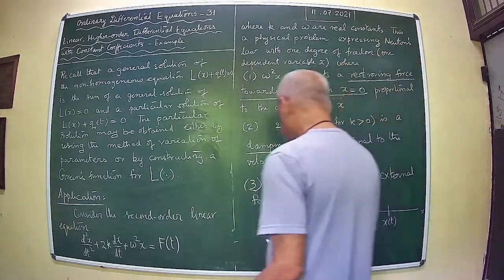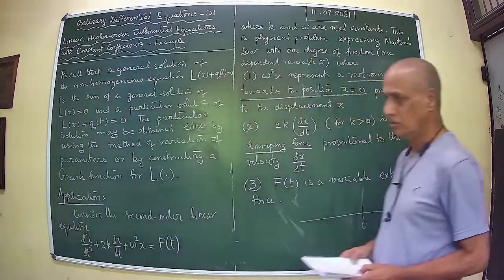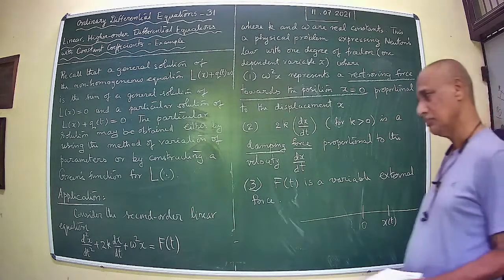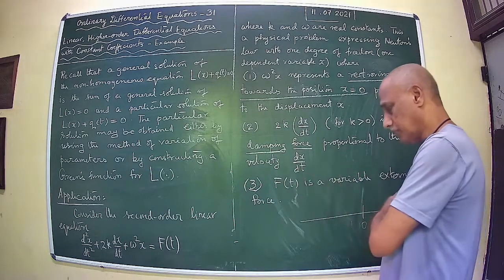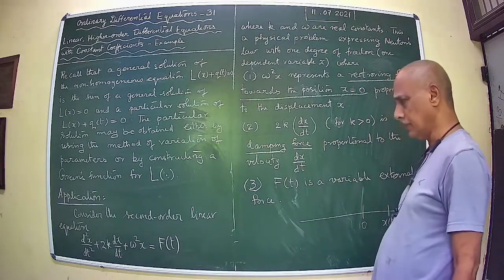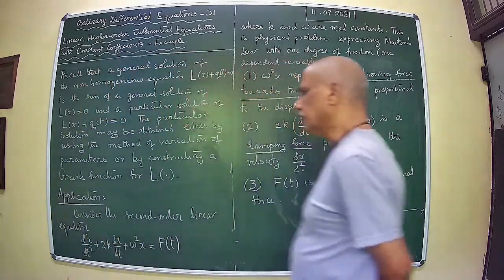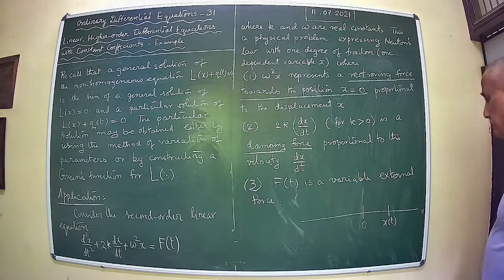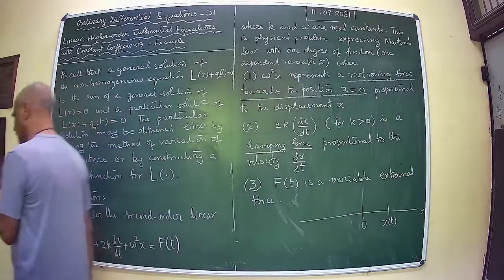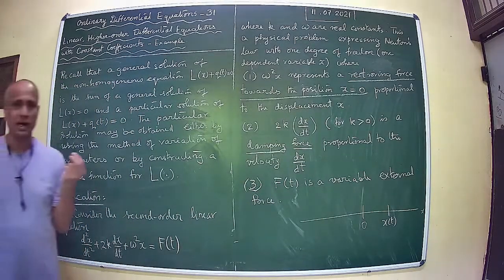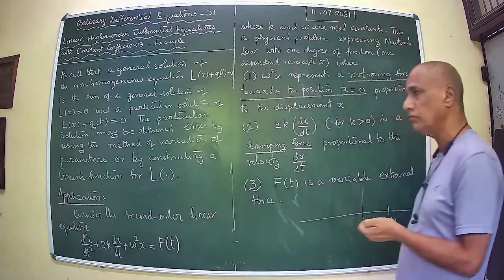What is this? The second derivative d2x by dt square is the acceleration of the particle at the time t. That is the rate of change of velocity. Velocity is given by dx by dt, position is given by x, and d2x by dt square is the acceleration that you talk about. So if you are taking a unit mass, then d2x by dt square is the rate of change of momentum.